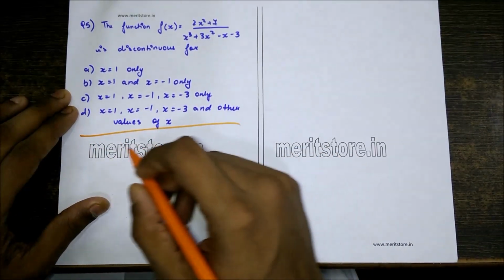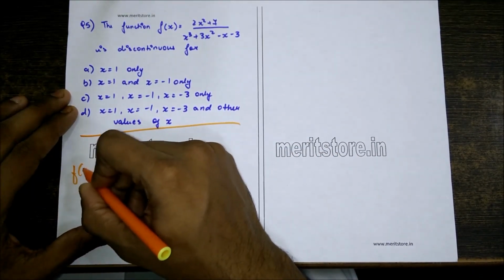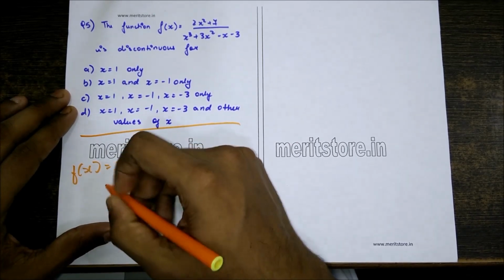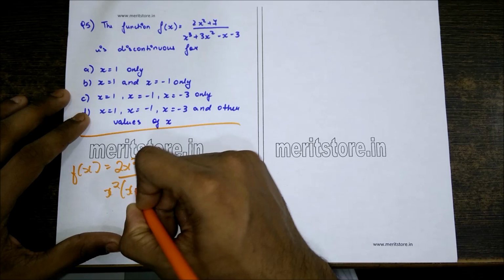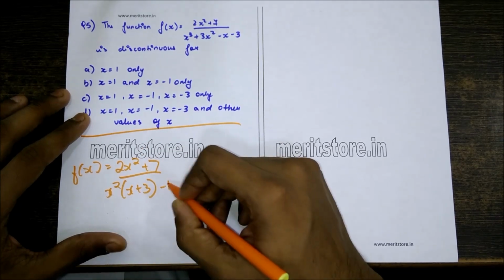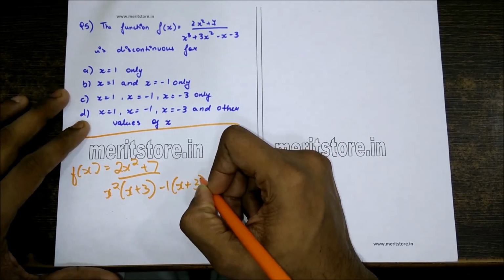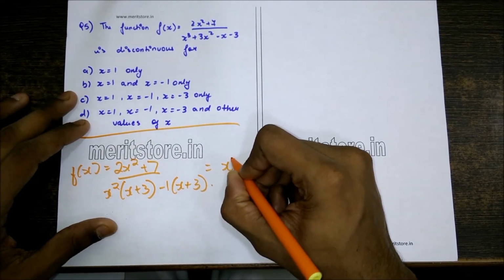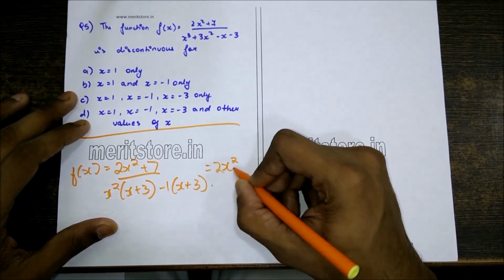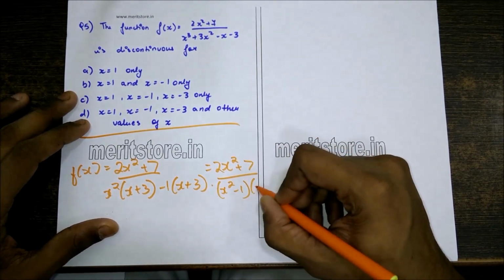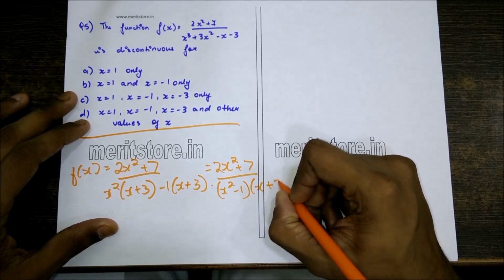So therefore we have f of x is equal to 2x square plus 7 upon x square into x plus 3 minus 1 into x plus 3, which is equal to 2x square plus 7 upon x square minus 1 into x plus 3.